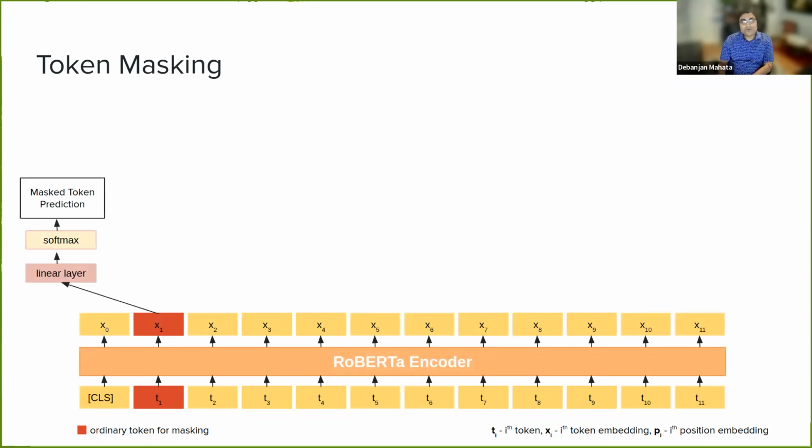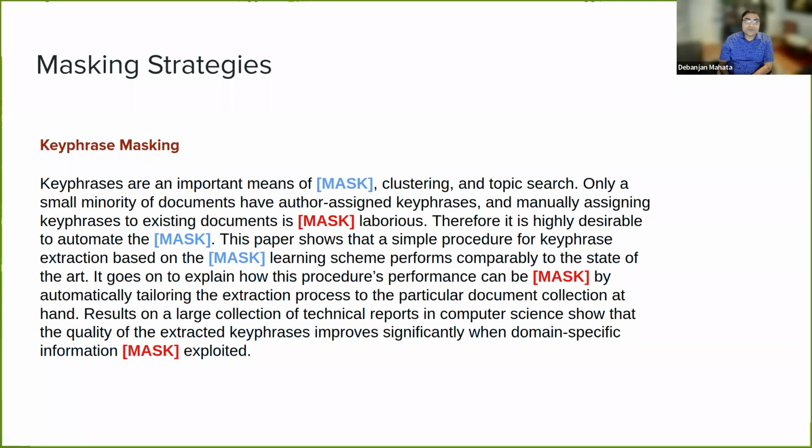Now, apart from token prediction, we also do key phrase masking, and this is the interesting part. Apart from masking tokens, we also randomly select key phrases, which we get from the corpus we use for training.